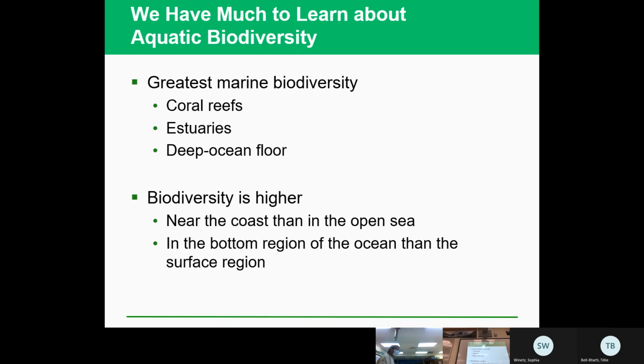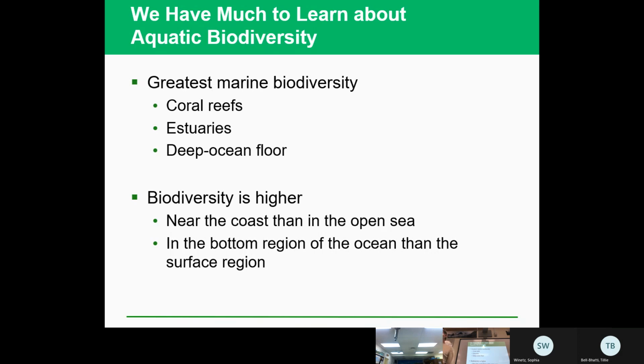So we have a lot to learn about aquatic biodiversity because we can't see it very well. It's difficult to explore. We do have some patterns though. We have high diversity in those habitats, and we see more biodiversity near the coast, and we see more biodiversity near the bottom.